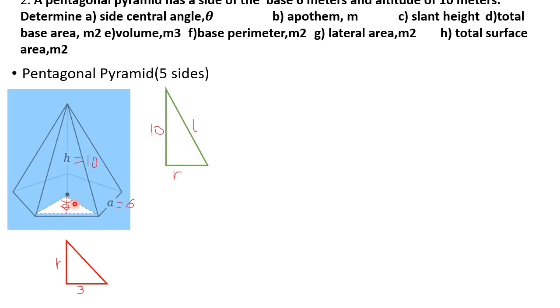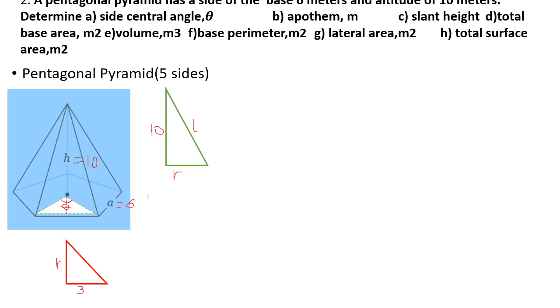So the apothem is r. Then you have 3, which is actually theta divided by 2. Height here is 10. This one is r, and this one, of course, is L, the slant height.